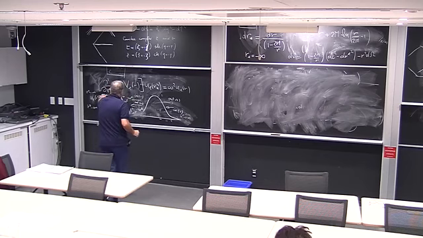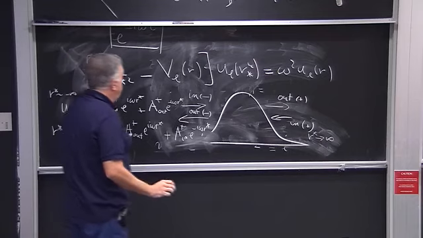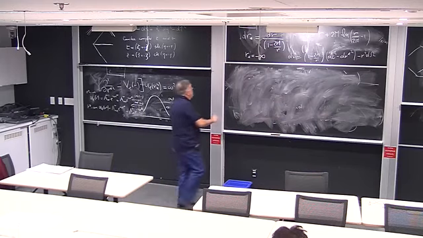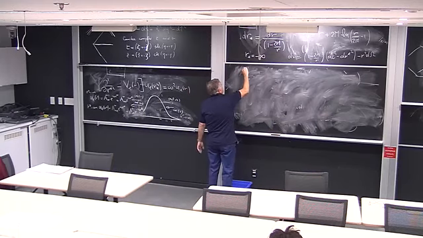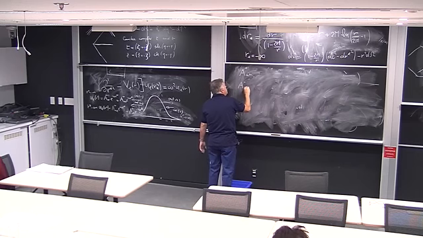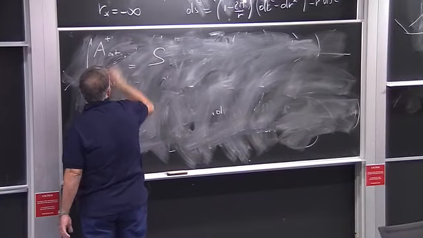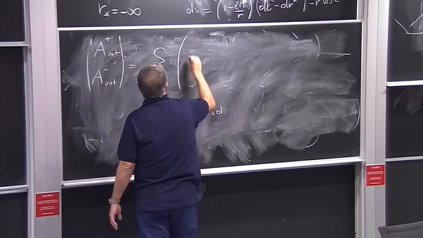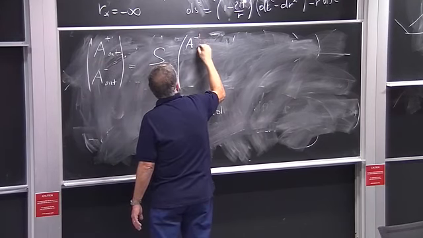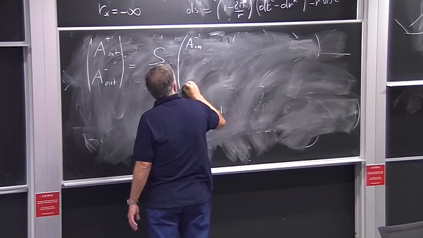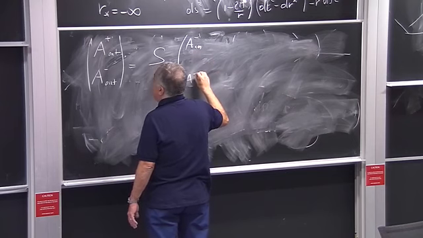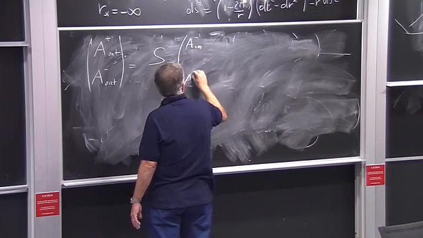So this is the solution expressed here. This is the solution expressed here, and you know that you can write A plus out, A minus out as S, the S matrix, times A minus in, A plus in.